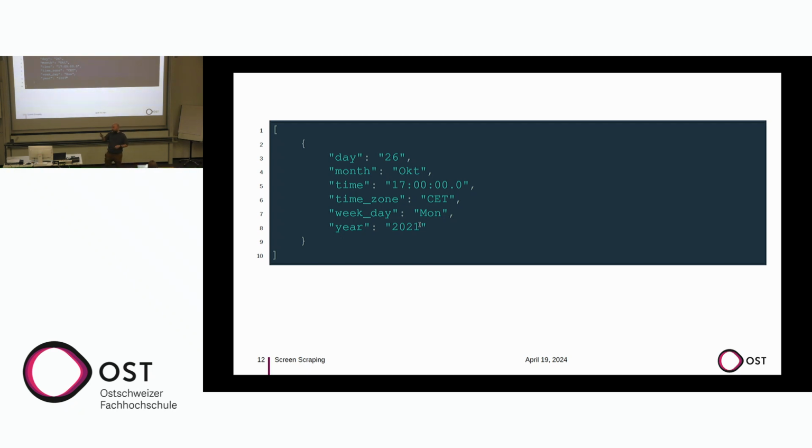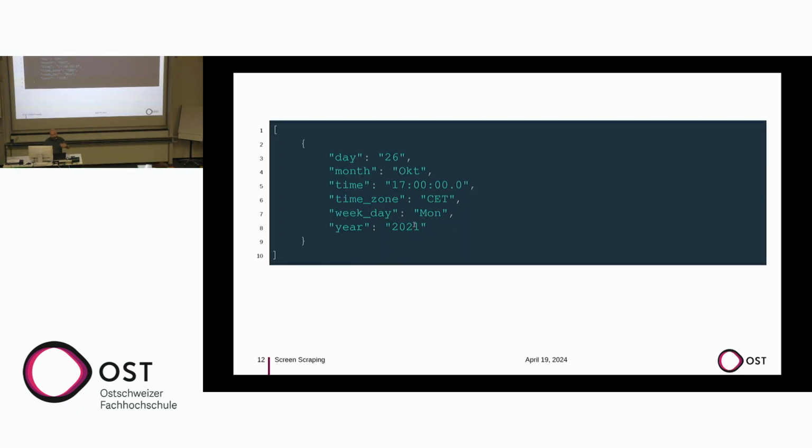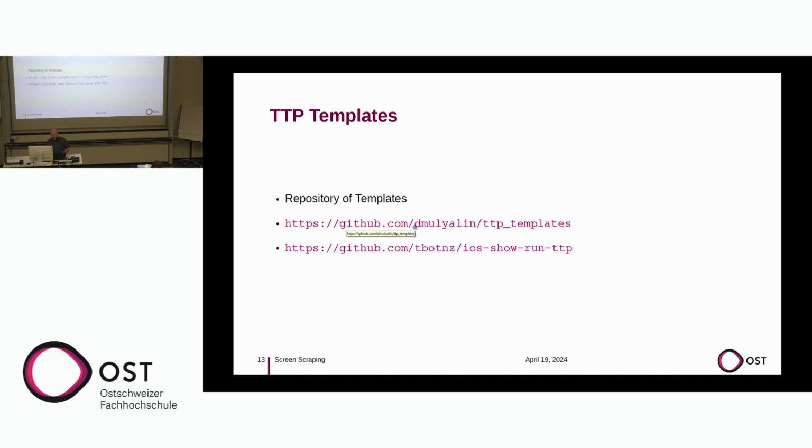Because now, if we would put this in data validation, if we would use JSON schema on top of this to validate it, it will fail and say, I expect a number, you give me a string, I don't like you. Right? So these are some details we have to see.